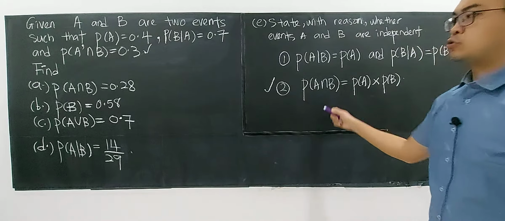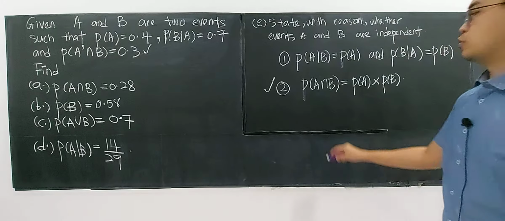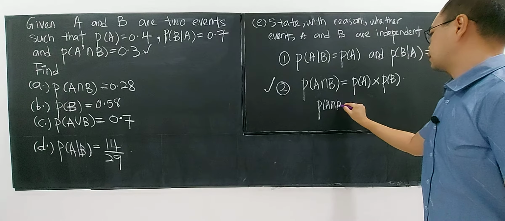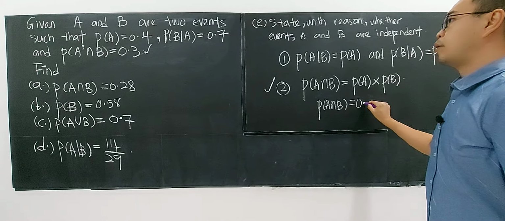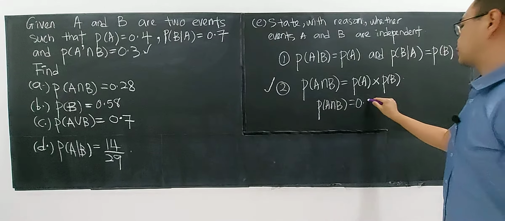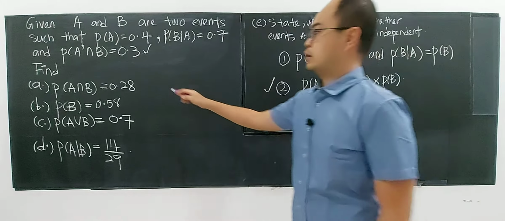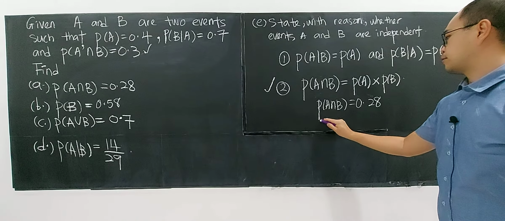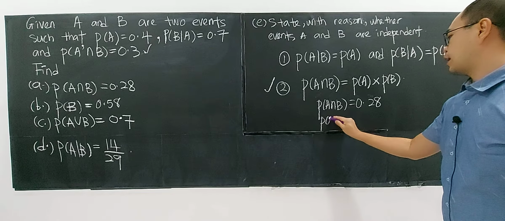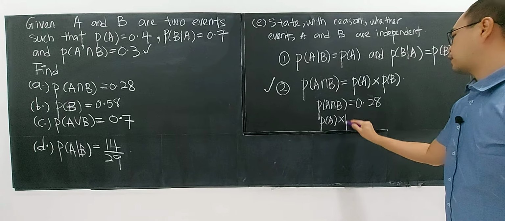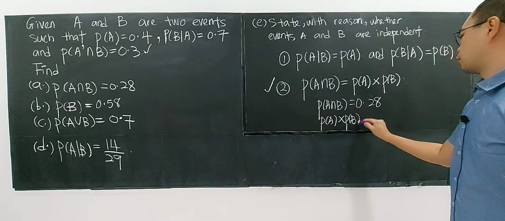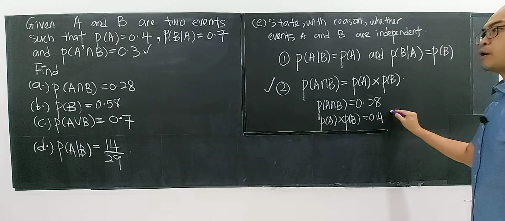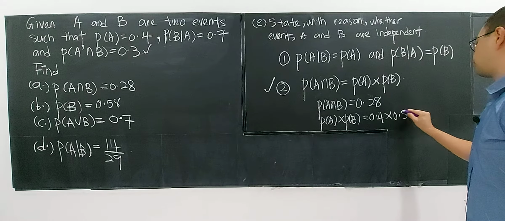Alternatively, I can do some calculation. As you know, the probability of A intersect B is 0.28. And the probability of A multiplied by the probability of B: the probability of A is 0.4 and the probability of B is 0.58.